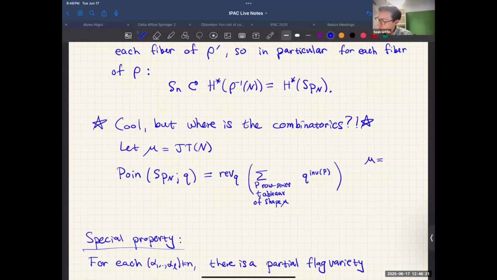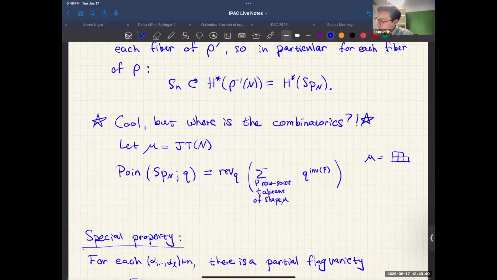So say if mu is 3, 2, or to make Maria happy, I'll do French notation. Then one of these fillings would be, earlier I was filling in a rectangle and leaving some cells empty, but in this version you put a label on every single cell such that it's decreasing along each row.